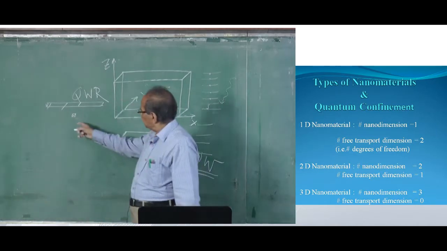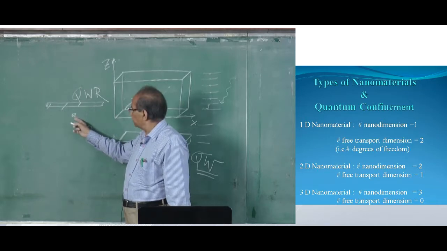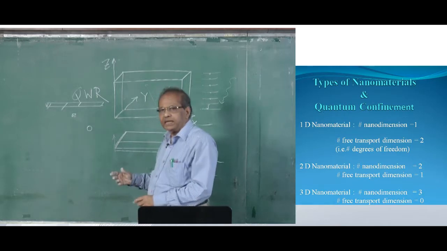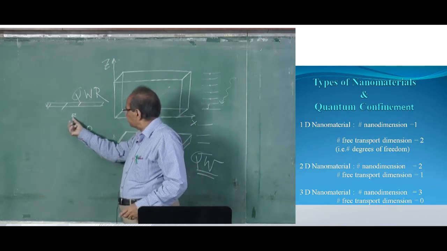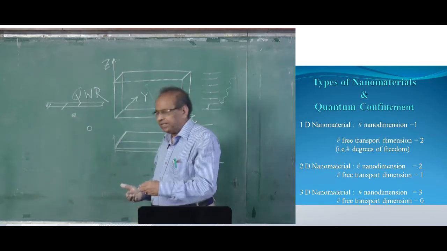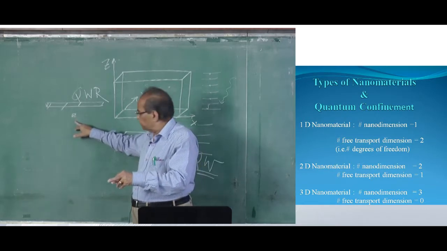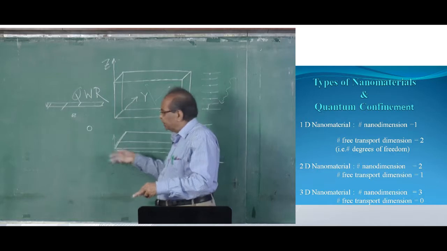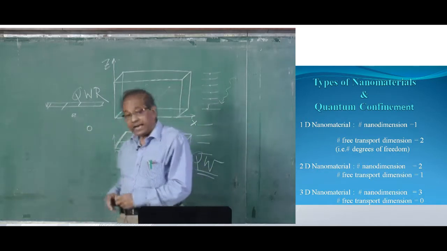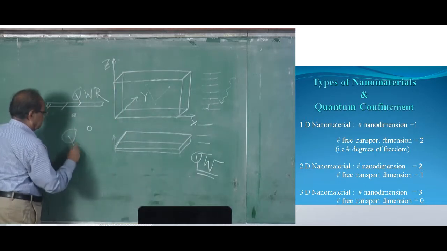All the x direction, y direction, z direction, this cuboid, the cube, is in nanometers. So the electron cannot move freely, neither in the x direction, nor in the y direction, nor in the z direction. So there is restructuring of energy in the x direction as well. Not only in the y direction, not only in the z direction, it is also restricted in the x direction. This is another type of structure of nanomaterial, and this is called a quantum dot.